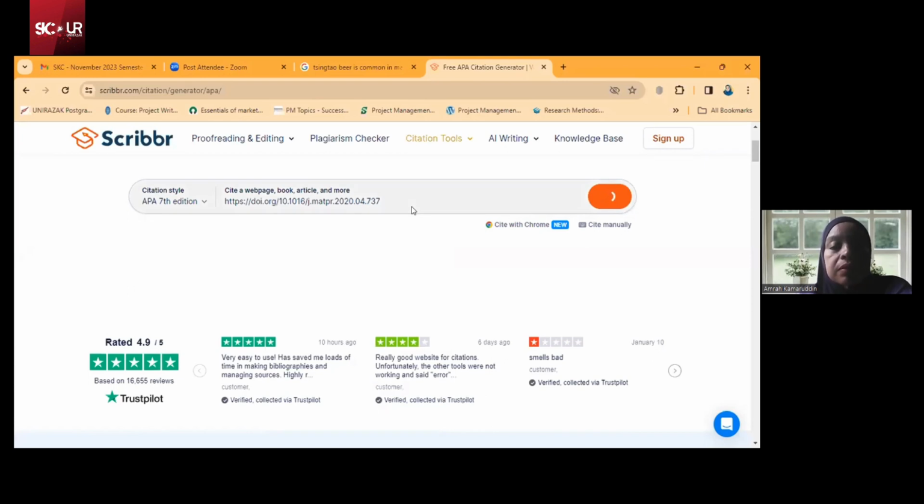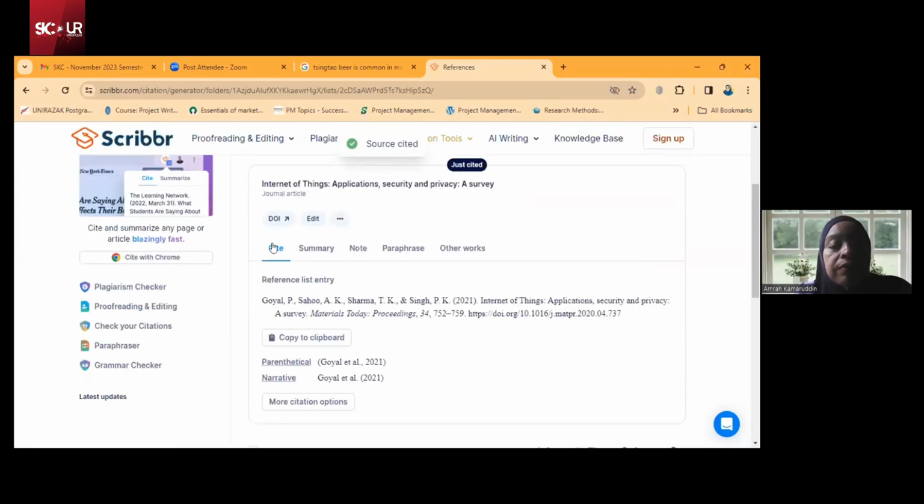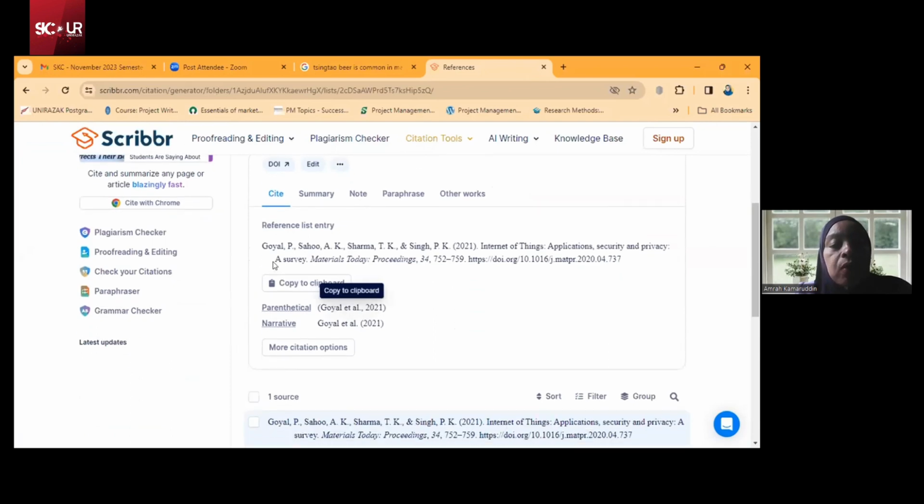Yeah, you enter. Okay, from a certain portion, for example, the reference list will be Goyal, P, Sahu, AK, Sharma, TK, and Singh, PK, 2021. The title is Internet of Things, Application Security and Privacy.